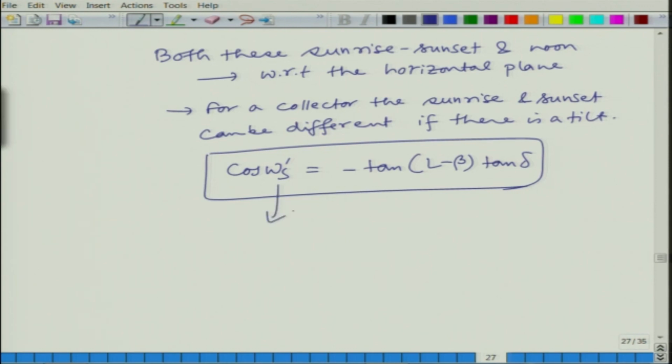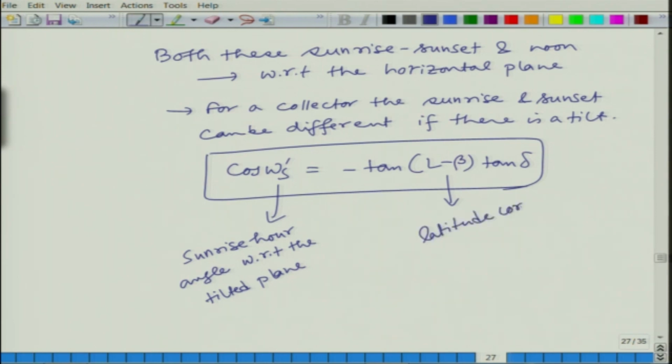So, this omega s prime is the sunrise hour angle with respect to the tilted plane, okay, and this is the latitude correction by the tilt angle, and the same formula, tan latitude into tan declination.